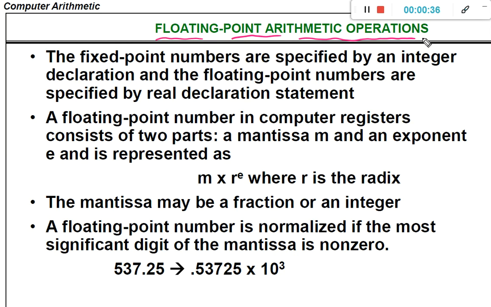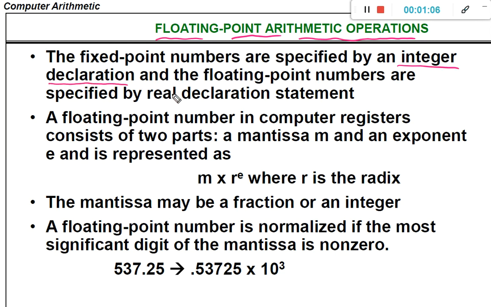In general high level language programming, we use floating point numbers in addition to fixed point numbers. For example, in the C language, we have float and double data types which represent floating point numbers. The fixed point numbers are specified by an integer declaration, whatever integer type we define in the high level programming languages.